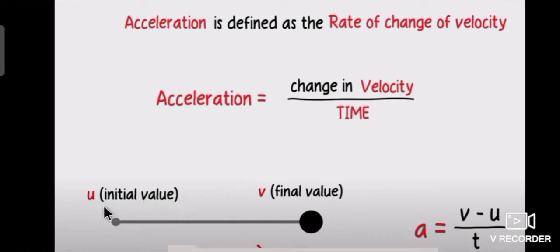See the picture. This is the initial value, that is initial velocity. The next point V is the final value, that is final velocity. So acceleration a is equal to v minus u divided by t: final velocity minus initial velocity divided by time.